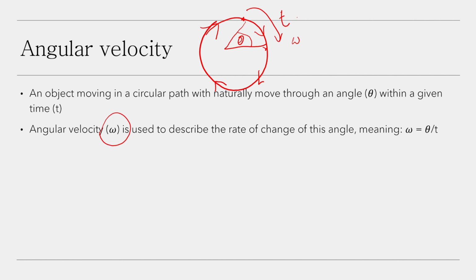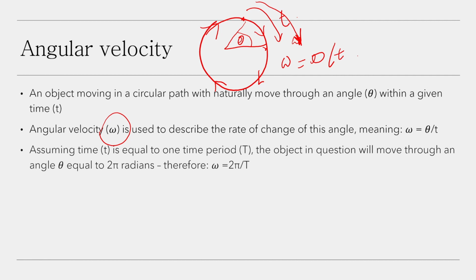So omega is equal to theta divided by time, the rate at which I subtend that angle, which makes perfect sense.